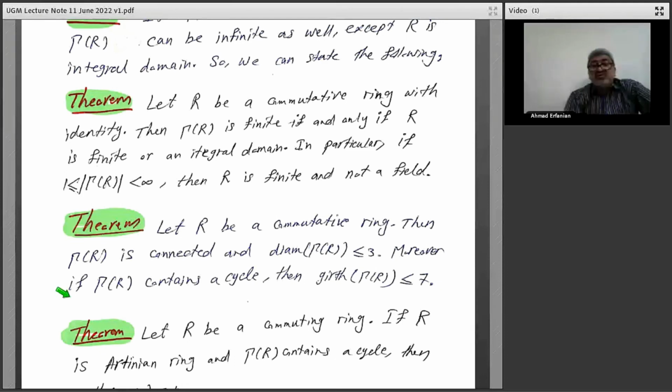It's important to see that when the graph is finite, R may be an infinite commutative ring, but the zero divisor graph is finite.